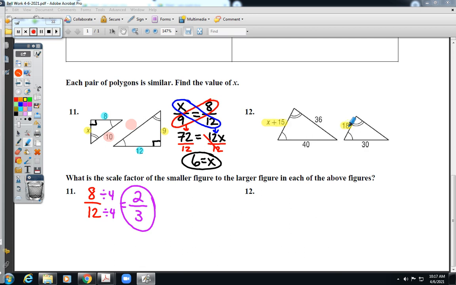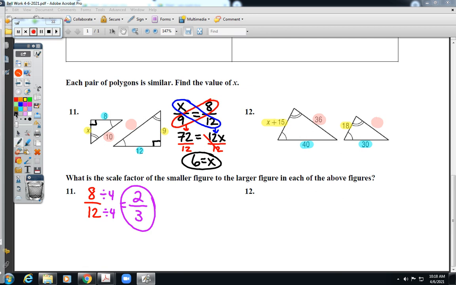Those are paired. We've also got 40 and 30. Those correspond to each other. And just like the 10 over here, we don't have any idea what pairs with 36, but it really doesn't matter, because we only need 2 to make a proportion.